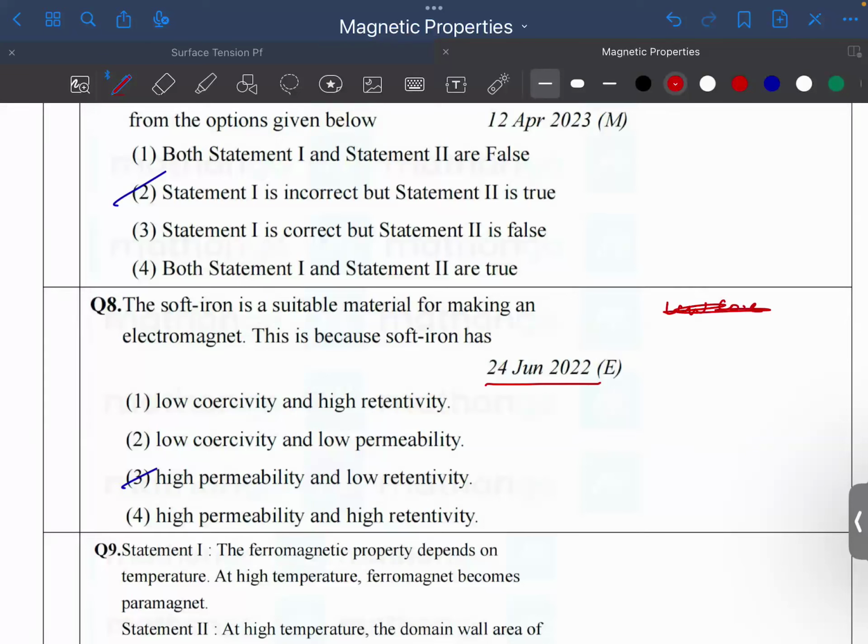See, if you have a doubt, low coercivity, high retentivity is a wrong option. Low coercivity, low permeability is also wrong. Obviously, the identity of a ferromagnetic material is that they will have high permeability and low retentivity. Correct?